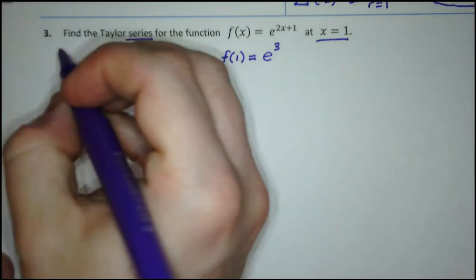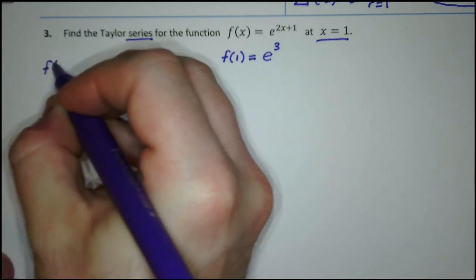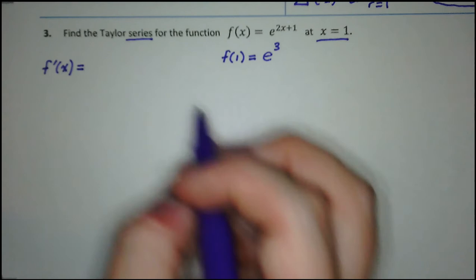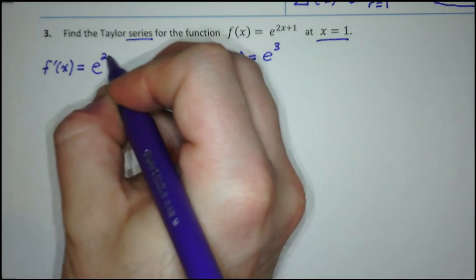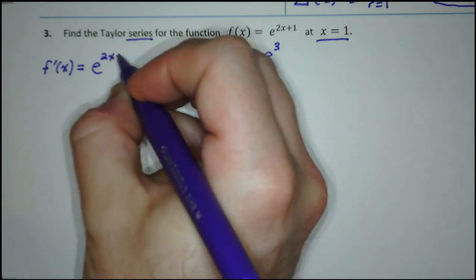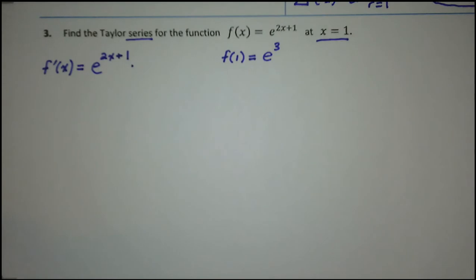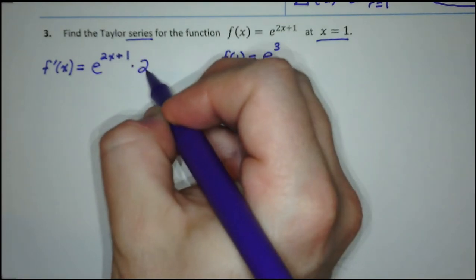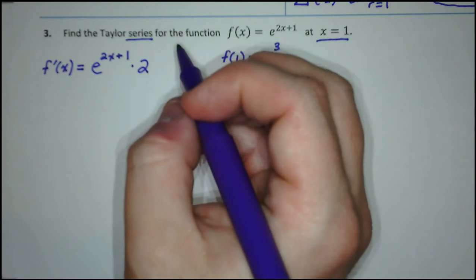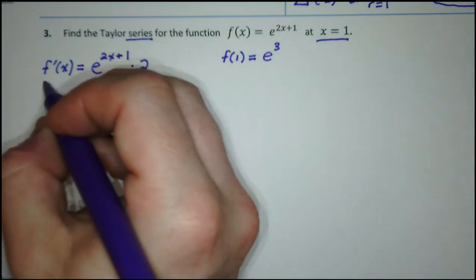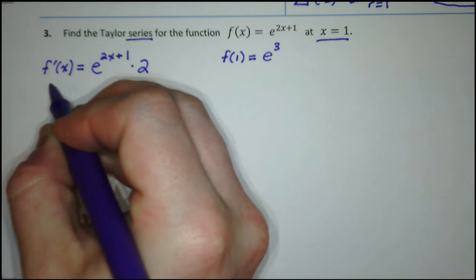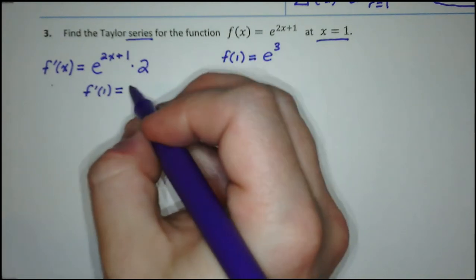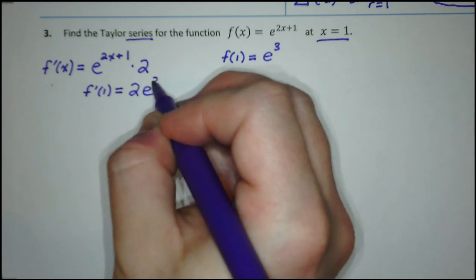So e to the 3rd, and then if we do f prime of x, the first derivative, we get e to the 2x plus 1 times, tacking on the chain rule, the derivative of 2x plus 1, which should be 2, right? And so if we now plug in 1 to that, we will get 2 times e to the 3rd.